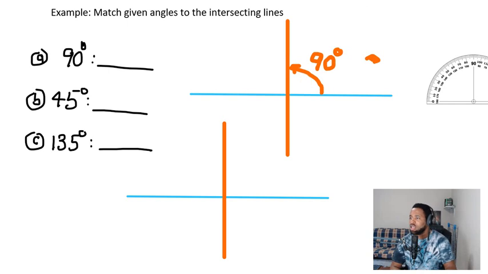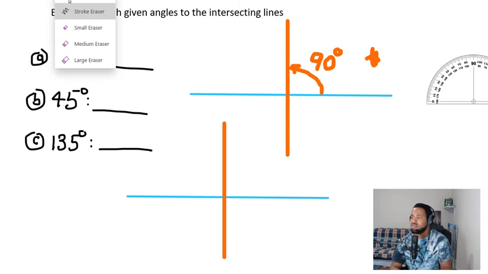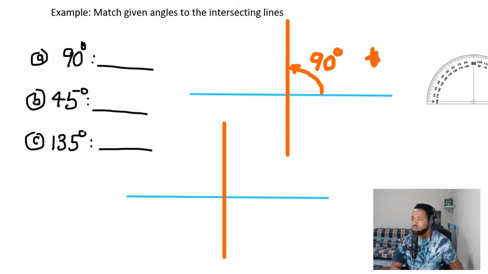And the other one here is, what if you're asked to determine a 45-degree angle? To go about that, you adjust this, because we know that it is not 90 degrees but 45 degrees, and to get 45 degrees we go half of 90 degrees.